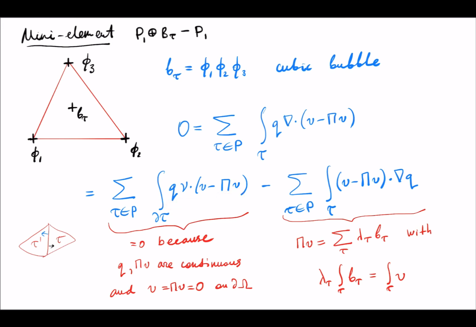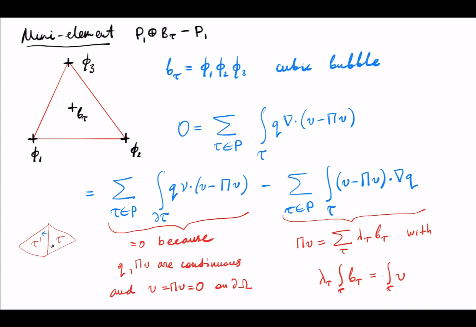So what happens on the boundary? For the boundary, we have V satisfying zero boundary condition, and we need to impose that the Fortin projector should satisfy the boundary condition. So this term becomes zero. Now, for the other term here, this is the only potential non-zero term.